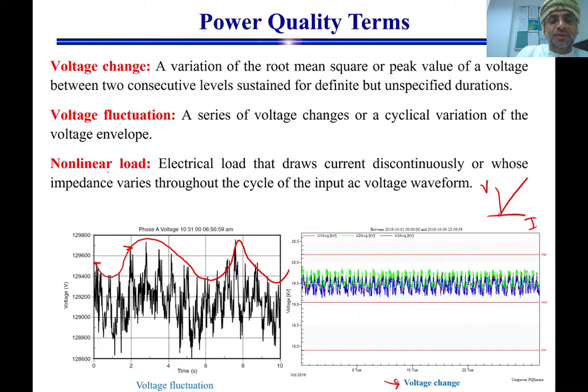But when we say non-linear load, the relation between the voltage and the current will not be linear, such as if we have a transformer. In this transformer, since the transformer is working at saturation, the relation between the voltage and the current will not be linear. We have also some resistance, which is also not linear as well.